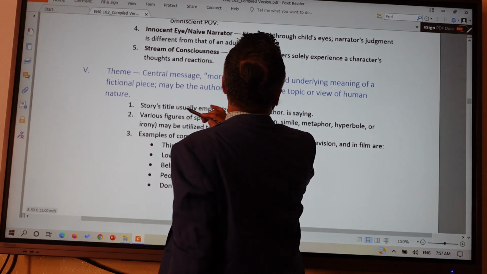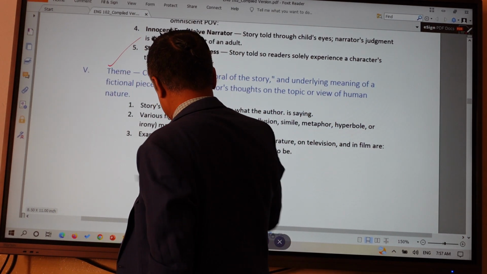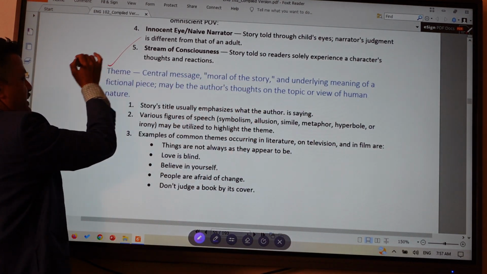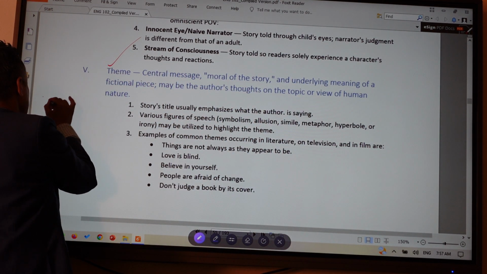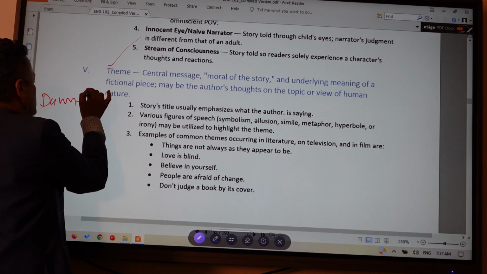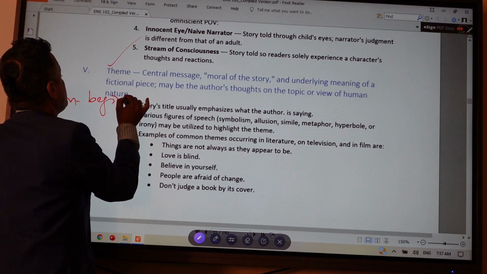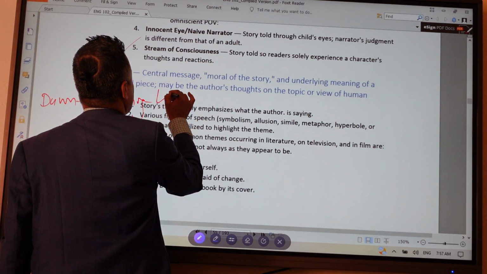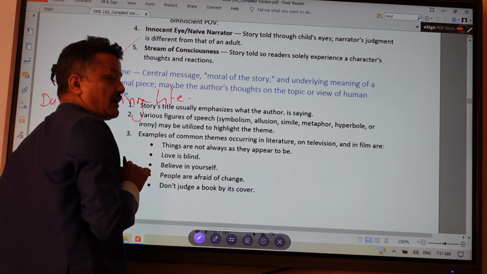Okay. Now talk about the theme of this. In this novel, the novel begins with dawn, which represents beginning. Beginning of what? Beginning of life.